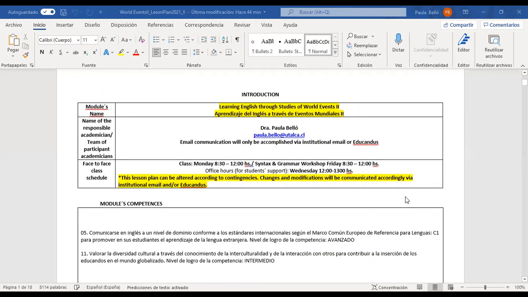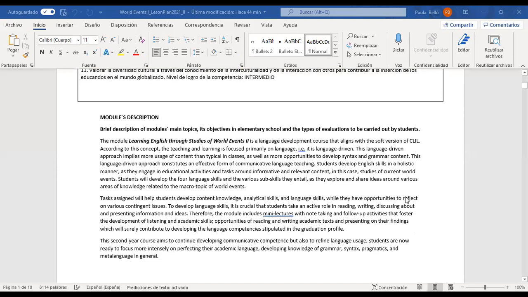Okay, so this is the lesson plan. This is the description, and what I was explaining is a soft version of CLIL. Do you remember that last semester, Paola? Do you remember we were discussing the soft version of CLIL and the hard version of CLIL?